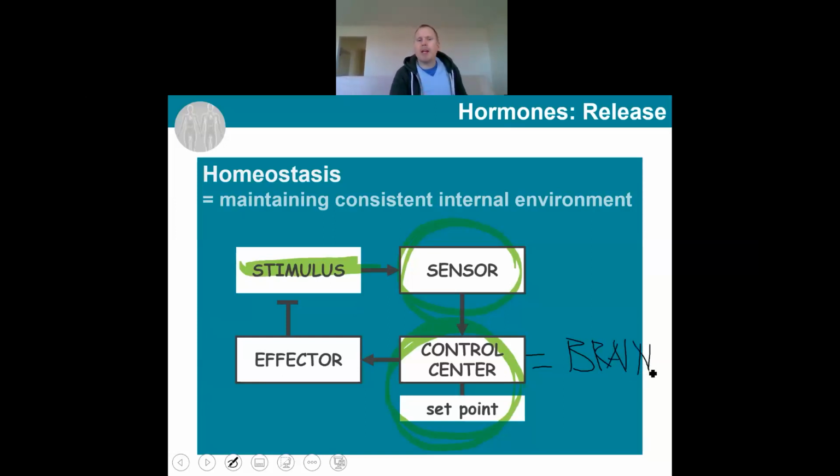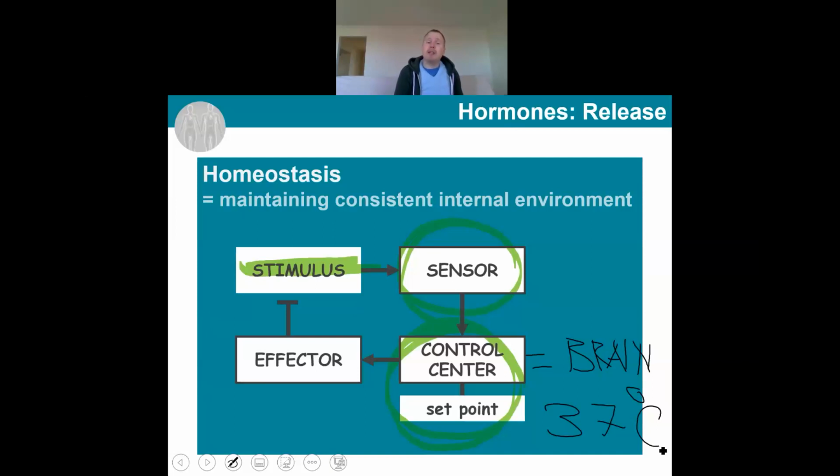And if we have this range of what's the normal body temperature, we also tend to have a set point that gives us the lowest temperature of the body, for example, that we still consider acceptable, and it gives us the highest temperature of the body that we consider acceptable.